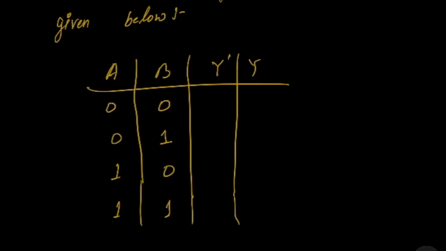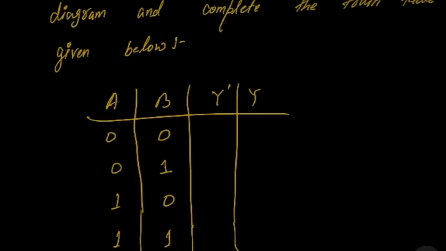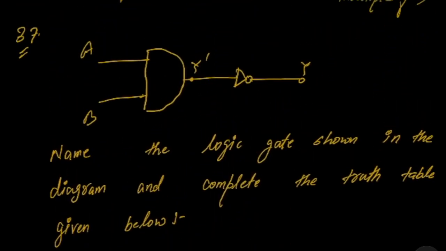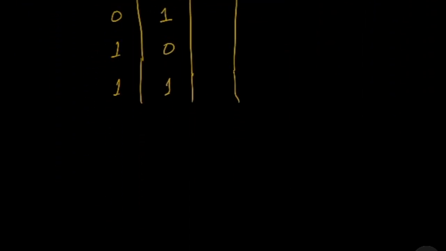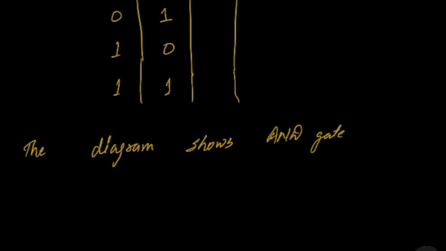So from the diagram, as we can see, this is an AND gate and it is followed by a NOT gate. So therefore it is a NAND gate. So we can write: the diagram shows AND gate followed by NOT gate.